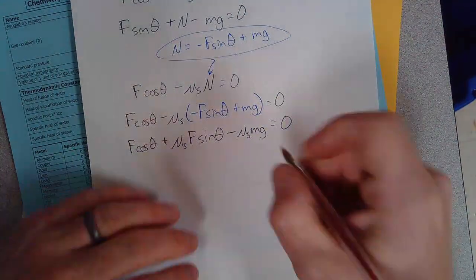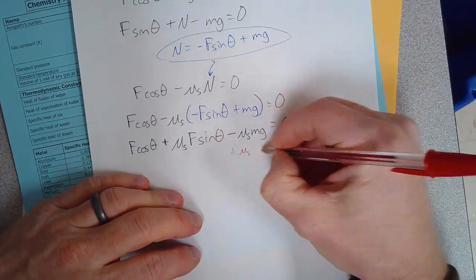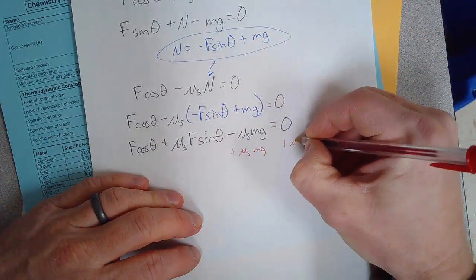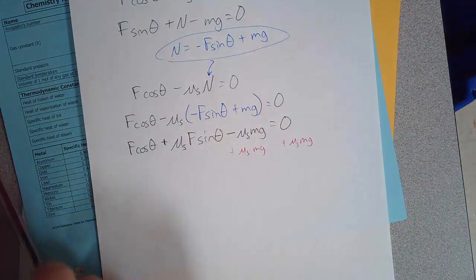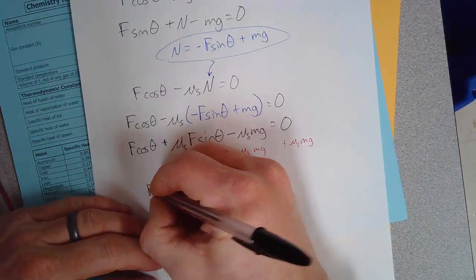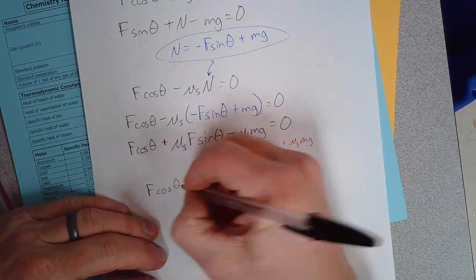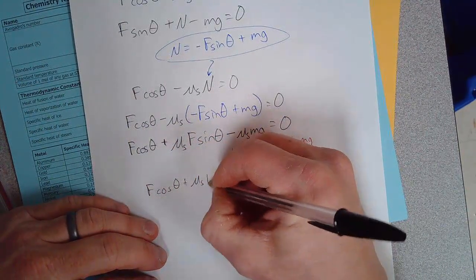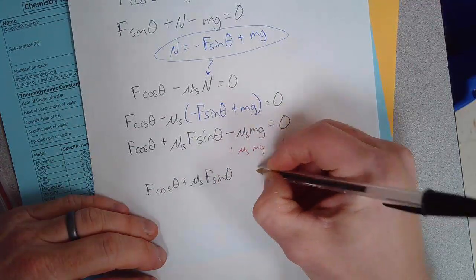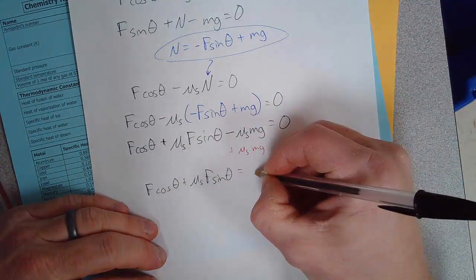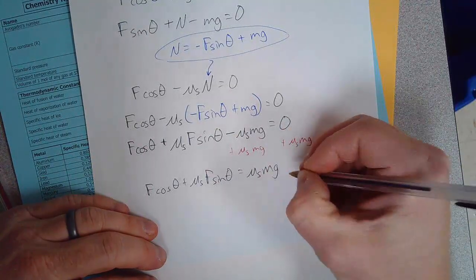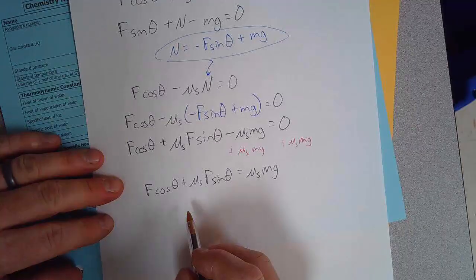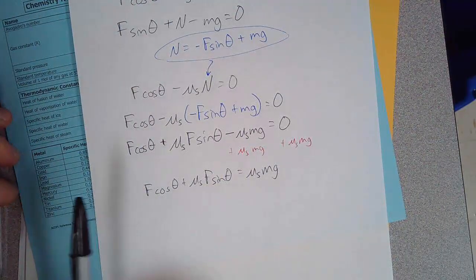I'll do that in red. And that will leave me with f cosine theta plus mu s f sine theta equals mu s mg.